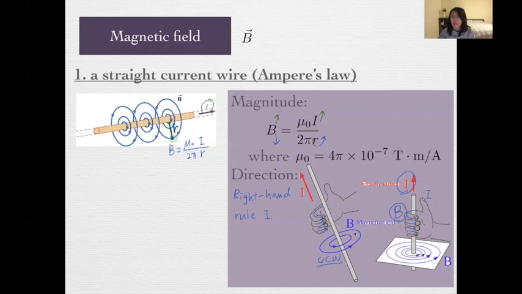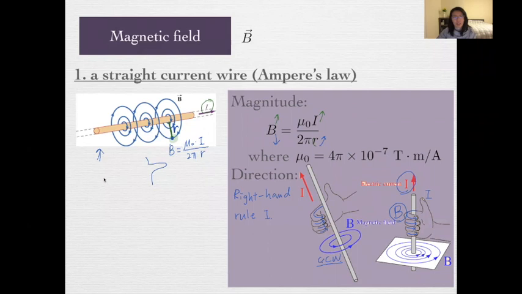That will tell you this straight wire current will create a circular magnetic field going counterclockwise. Then you can also come back to see this picture. You see the current is going this way. So now you want to position your thumb in this direction and then curl your four fingers.